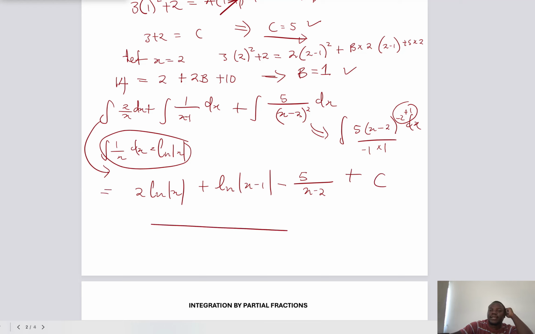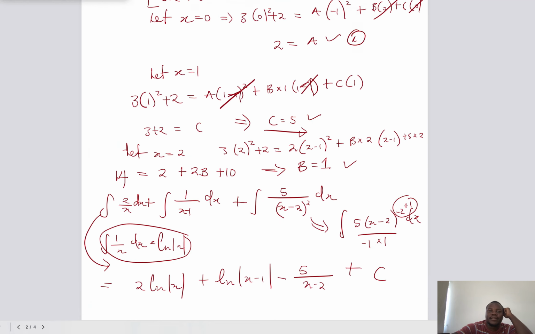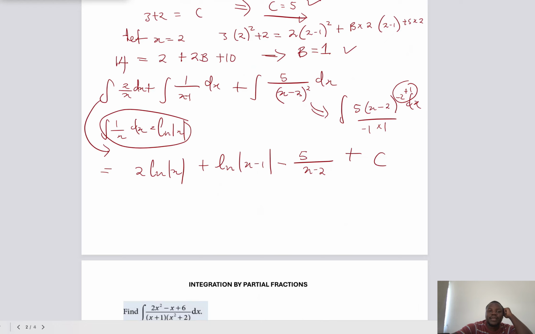I can go up and write it here, since we do not have space: this is 2 ln modulus of x plus ln modulus of x minus 1 minus 5 over x minus 2 plus some indefinite constant that we may not know, and that is the answer to this question.